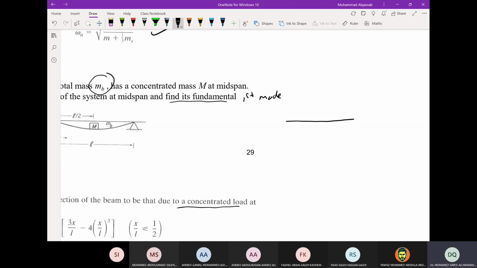So you have a simply supported beam under concentrated load at midspan with force, let's say P, at L/2. This will take a deflection shape.